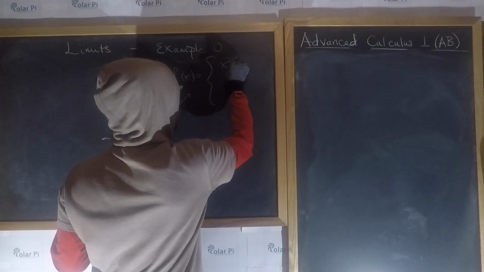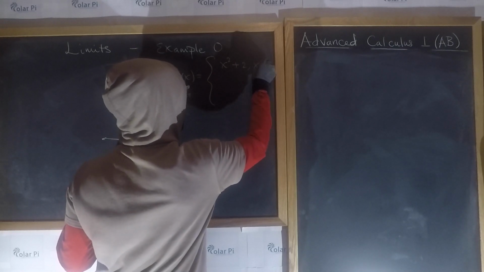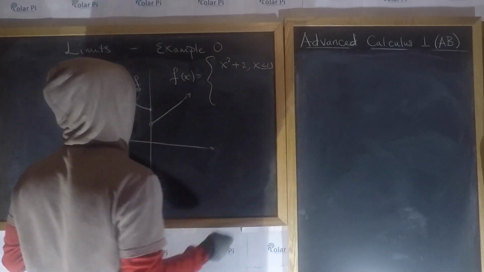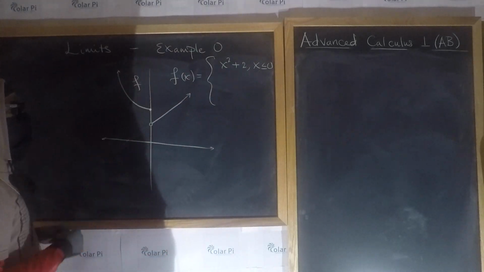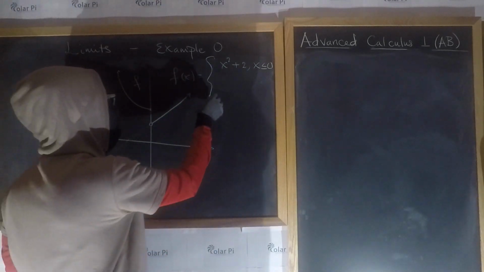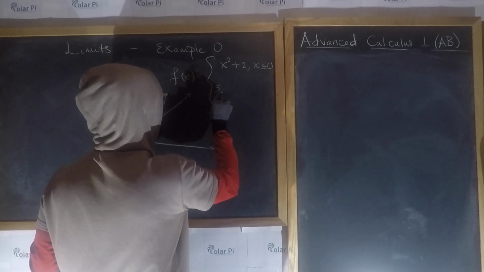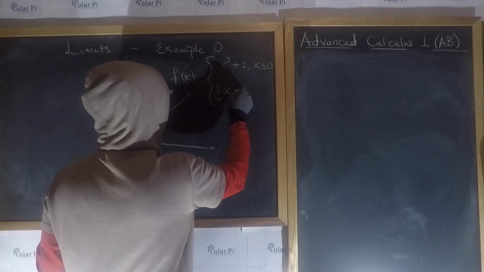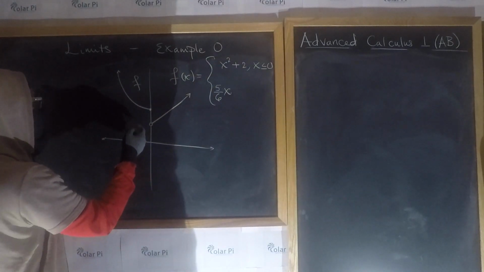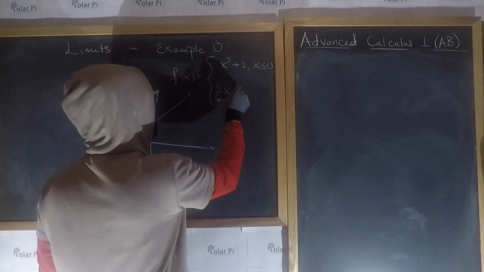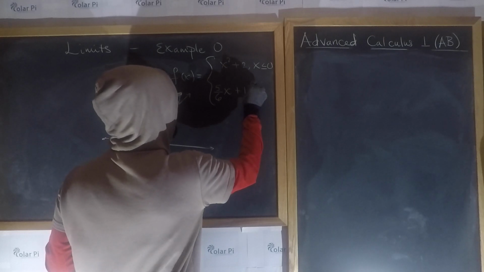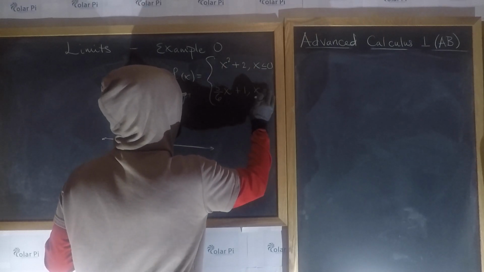So let's say x squared plus 2, x is less or equal to 0, right? And then we have a line to the right of 0. What slope does that look like? Doesn't quite look like 1, so I'm going to go with 5 over 6 x, and then plus 7 over 6, whatever, I'll keep it simple, plus 1. x is greater than 0, right?